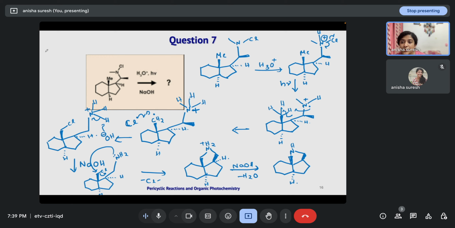Okay, so this is also an example of Hoffman-Loeffler-Freytag reaction. So first part will be happening under presence of an acid medium. Thus nitrogen will get protonated, leading to formation of this species, which upon photochemical irradiation, thus NCl bond will homolytically cleave, leading to formation of N plus dot and Cl dot, that is nitrogen cationic radical and chlorine radical.